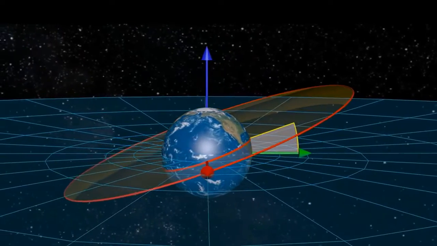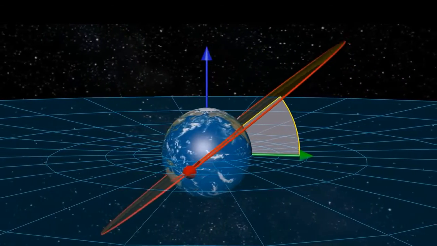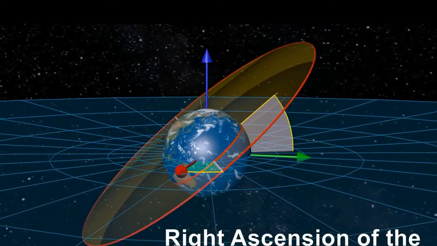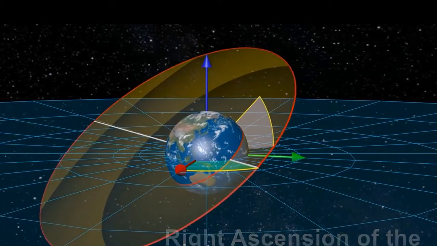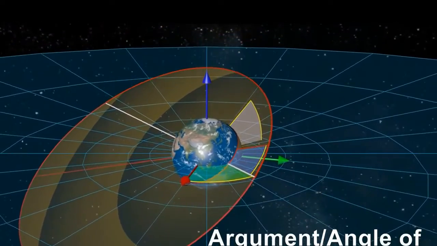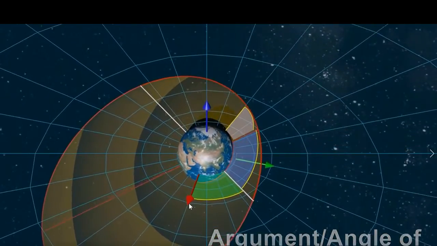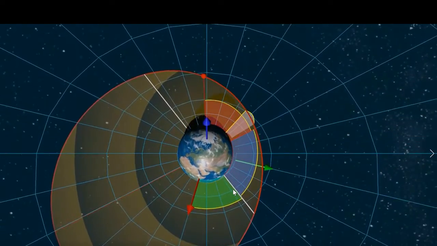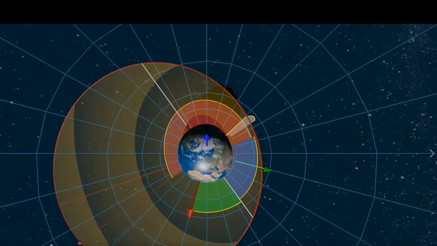Next, we define the inclination. That's the angle rising from the node line to the orbital plane, and rotation from the polar axis to the node line. Let's come back.